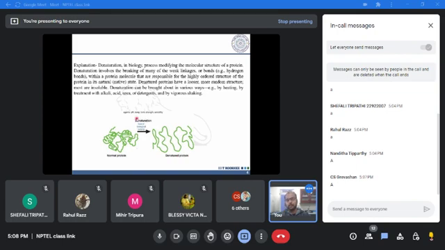Denaturation in a biological process modifies the molecular structure of protein. It is a modification of the protein structure. This involves the breaking of many weak linkage bonds, like hydrogen bonds within the protein molecules, that are responsible for the highly ordered structure of protein in its native state.